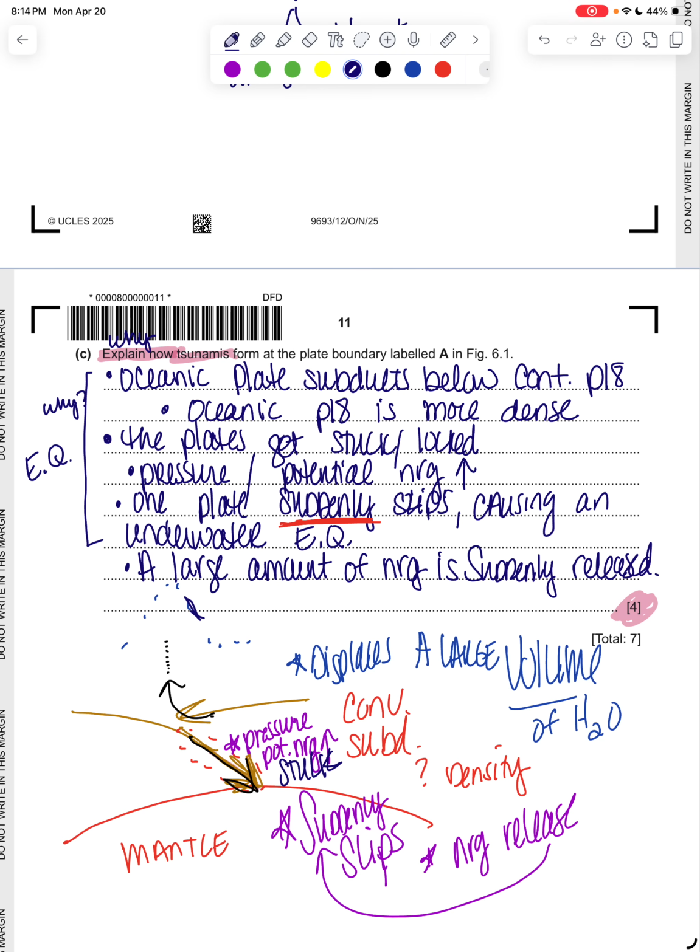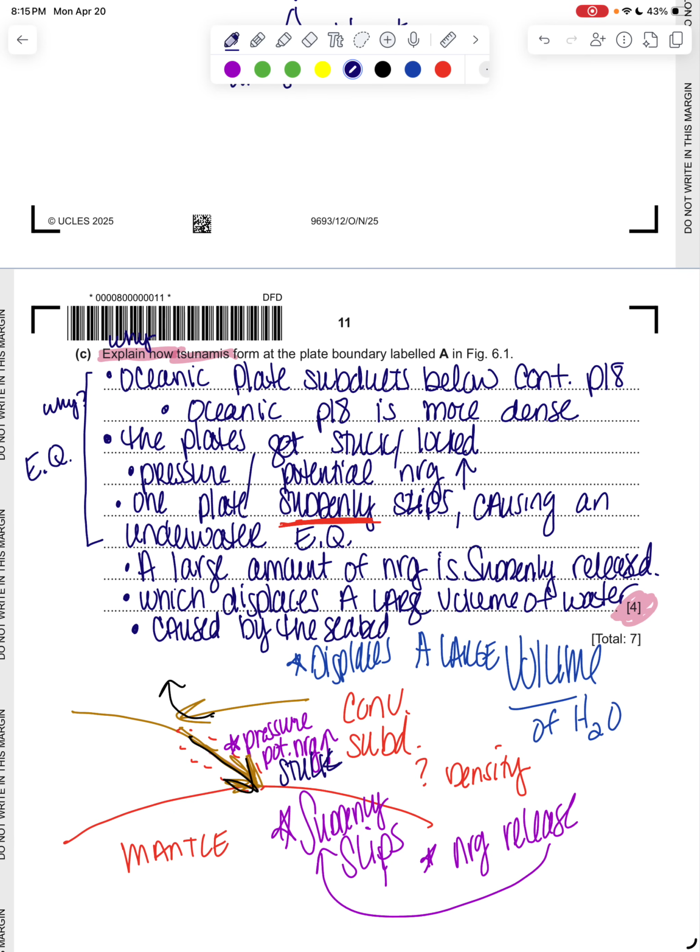I'm going to erase some of this. Which displaces a large volume of water caused by the seabed lifting, or you could say uplift of the seabed will displace a large volume of water.